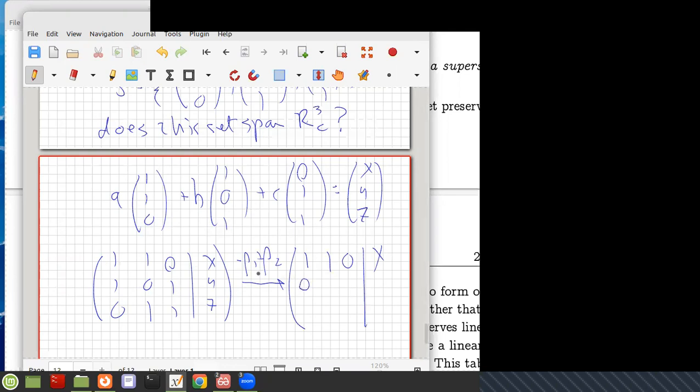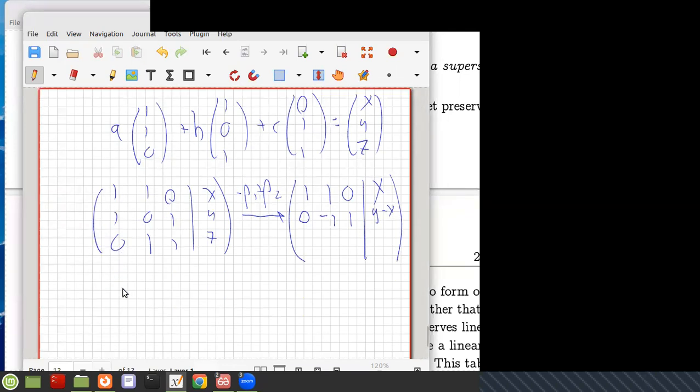Which gives 0, minus 1, 1, but then here would be y minus x. This is a problem from last time, but it's good to review. And then we have 0, 1, 1, z.